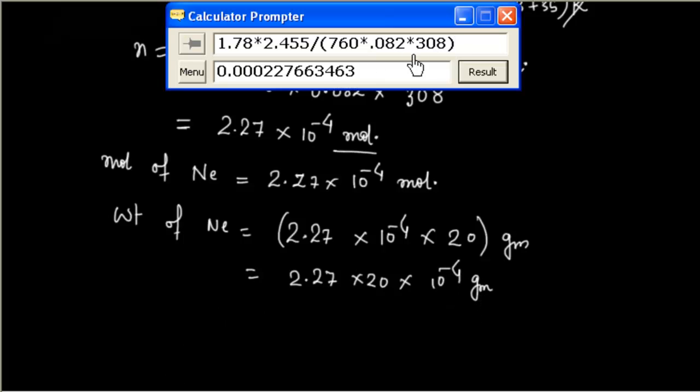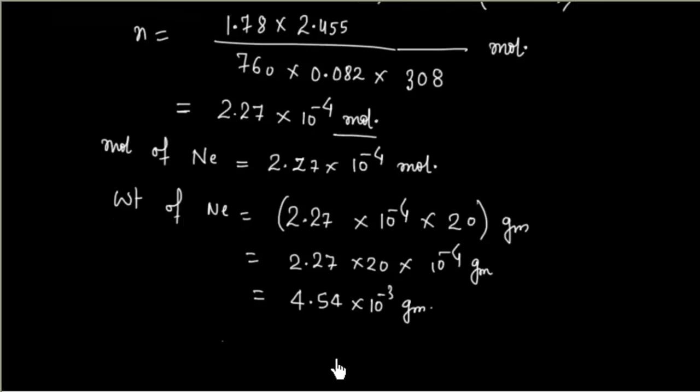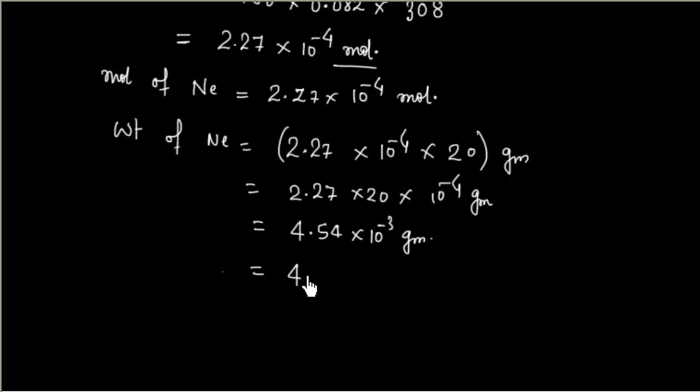So 2.27 into 20, so this is 45.4, that is 4.54 into 10 to the power minus 3 gram, or we can write in milligram, so this is around 4.54 milligram. So this neon tube contains only a very small amount of neon, and that is 4.54 milligrams.